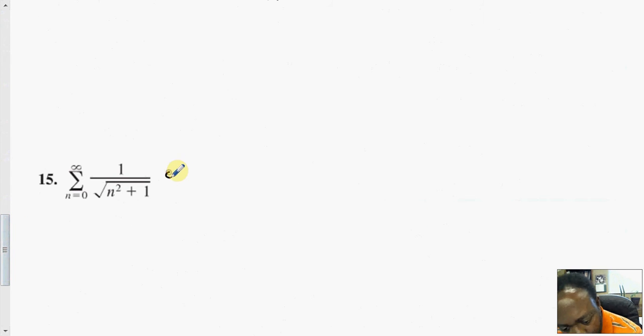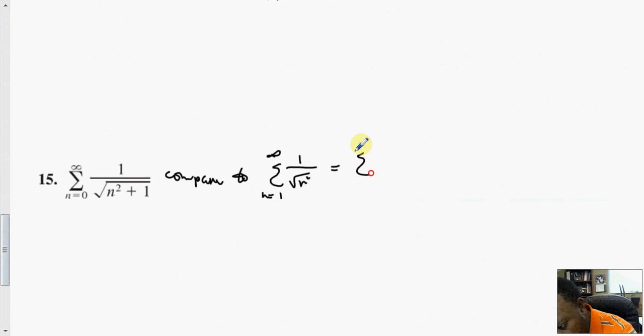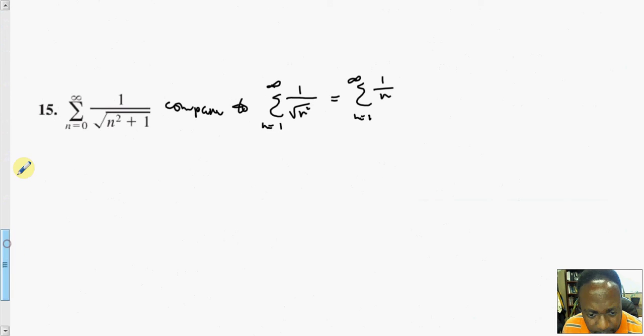So what about this one? We compare to the summation as n goes from 1 to infinity of 1 over the square root of n squared. The summation, same thing, as n goes from 1 to infinity of 1 over n, right? We have to start at 1 because at n equals 0, we get something that's undefined.